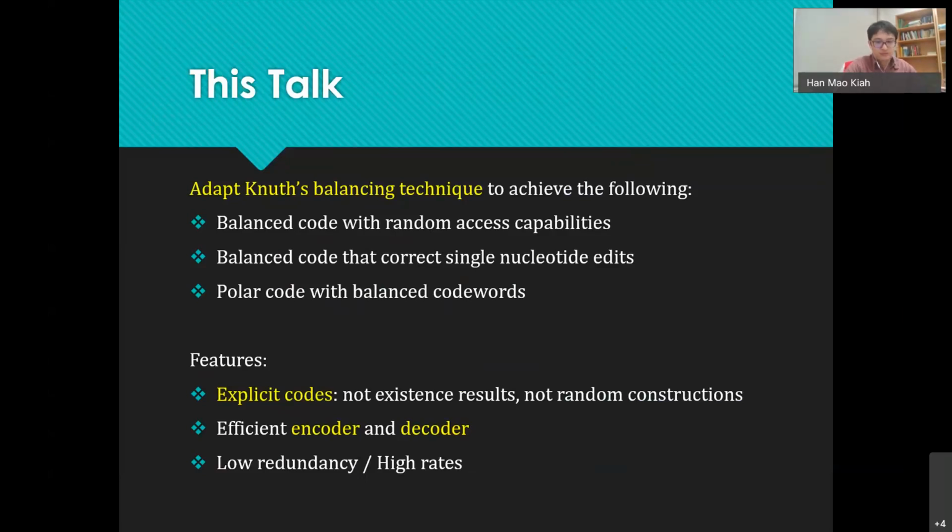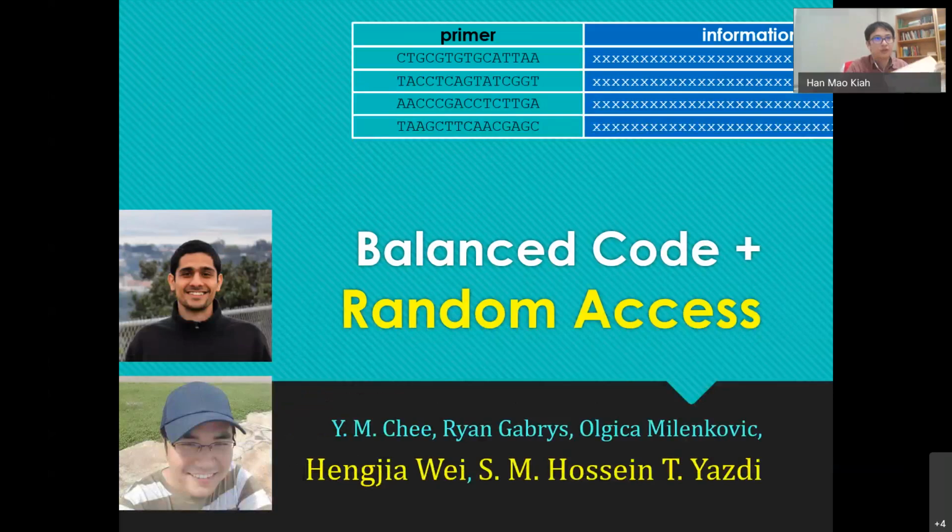So this talk is divided into 3 parts, each part focusing on enforcing the GC balance constraint while addressing other aspects of DNA storage. And in each part, I had the joy of working with my close collaborators that include students and postdocs. So in this part, we will look at random access capabilities.